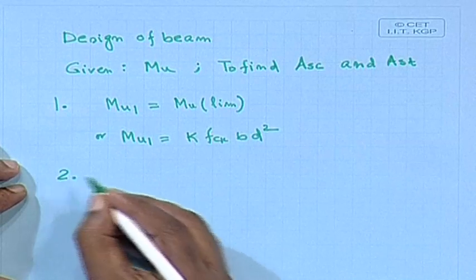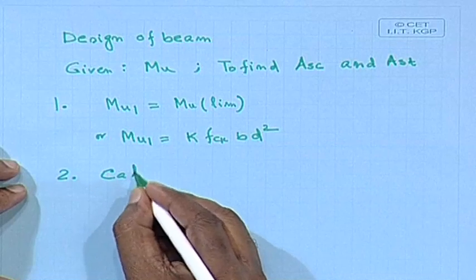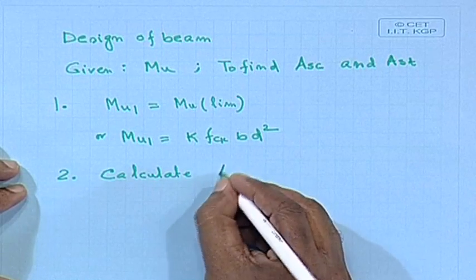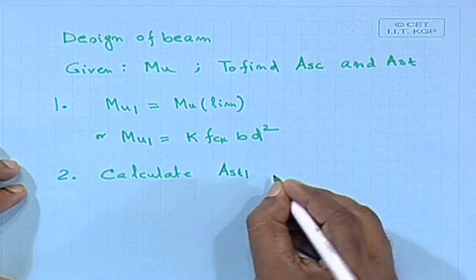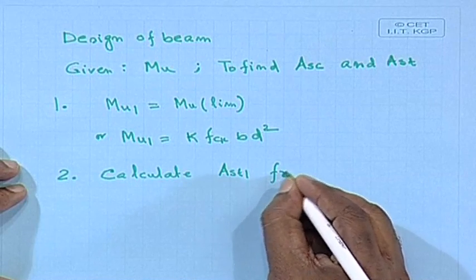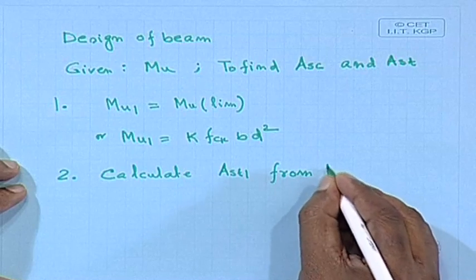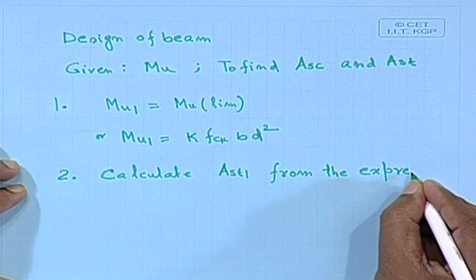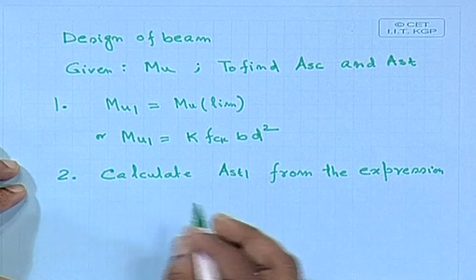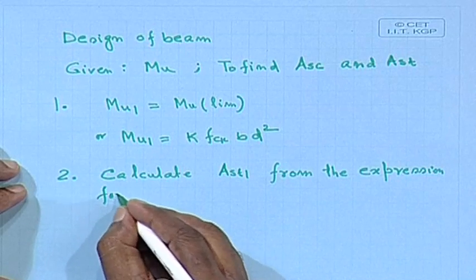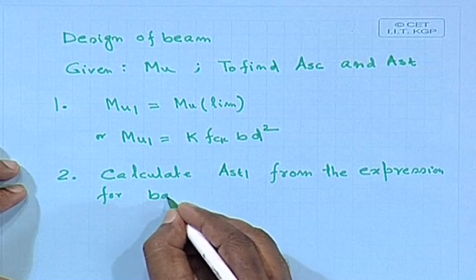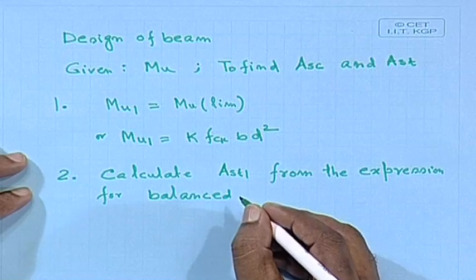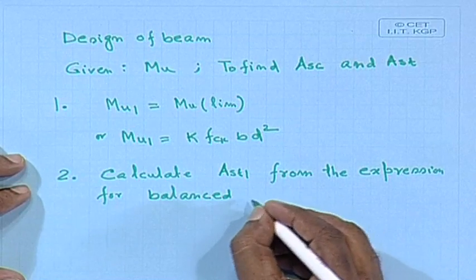Number 2, calculate AST1 from the expression for the balanced section. That also you check, we have already written explicitly in detail in the analysis of beam.